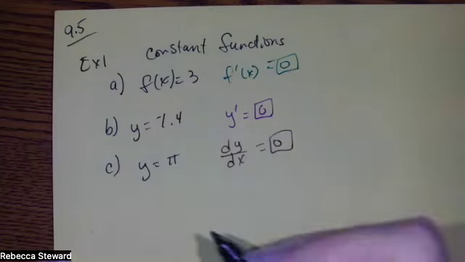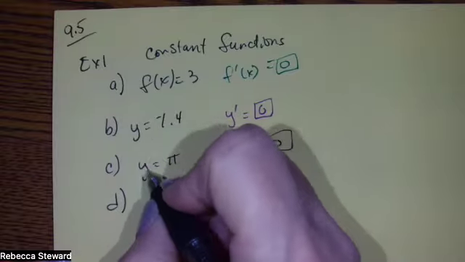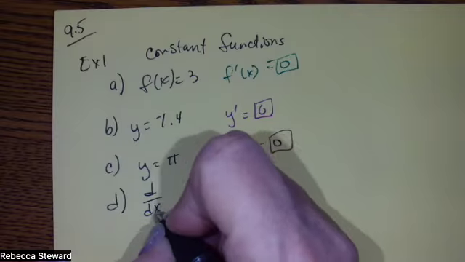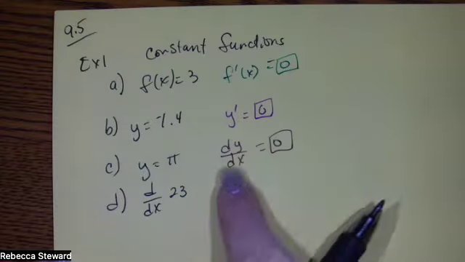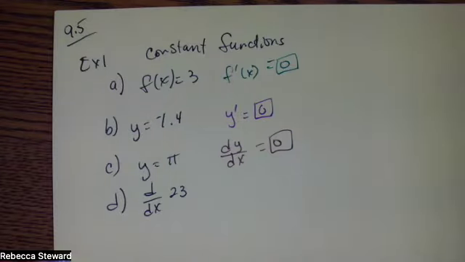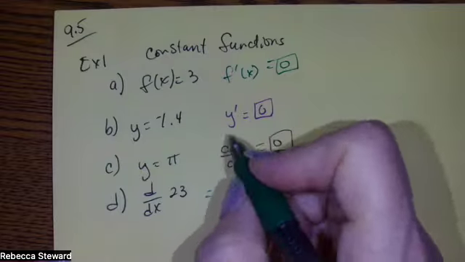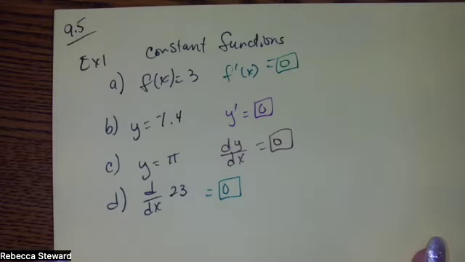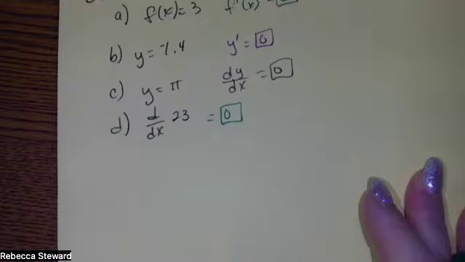And then for D, if we have d dx of 23, that's already put into derivative form, it's still going to equal 0. Anything that is a constant, a number, right?